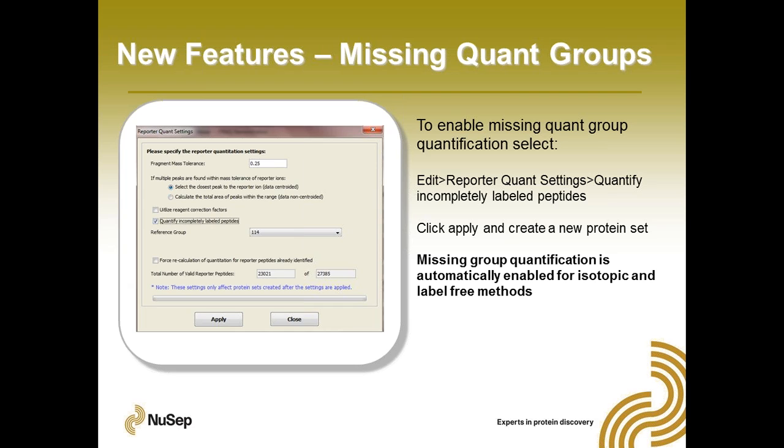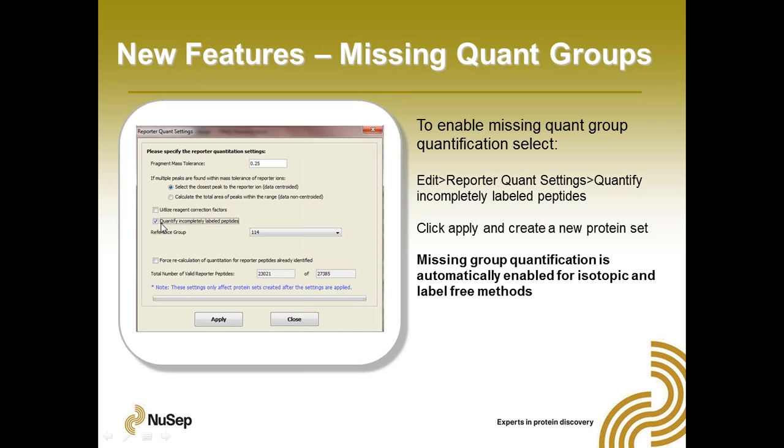Now for isotopic quant and for label-free quant, the ability to quantify things that have missing groups or channels is automatically enabled. You're not going to have to do anything special for that. But if you are running an iTRAQ project, you will need to go to your Edit menu, select Reporter Quant Settings, and check Quantify Incompletely Labeled Peptides.